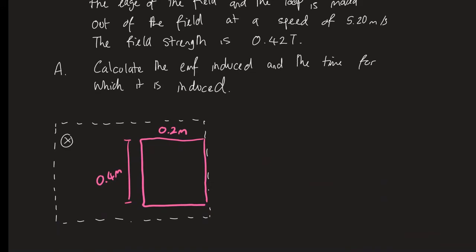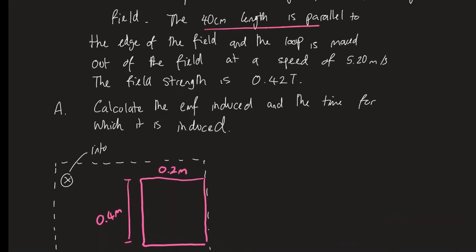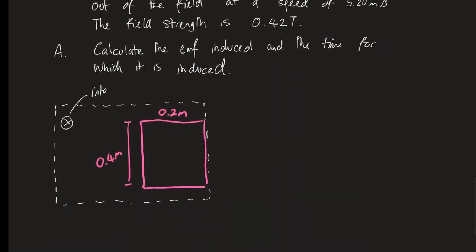We have a picture. So we've got the field, occupying this dashed region here. We're showing that the field is into the page. It's a uniform field. We're told in the problem that the 40 centimeter length is parallel to the edge of the field, just like it is here on the right side.